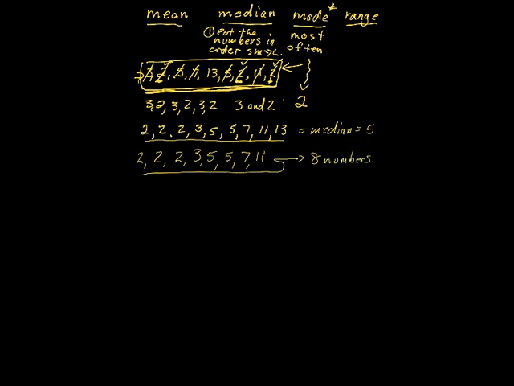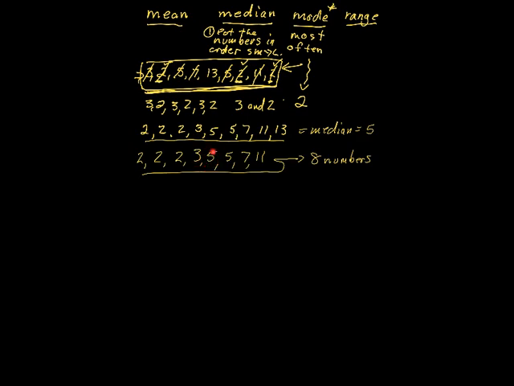Okay, so now finding the median means that I have to take the number that is in the middle, but we'll see that if I go 1, 2, 3, 4, 5, 6, 7, 8, well, there's 4 there, and there's 4 there, so there is no number that's right in the middle.